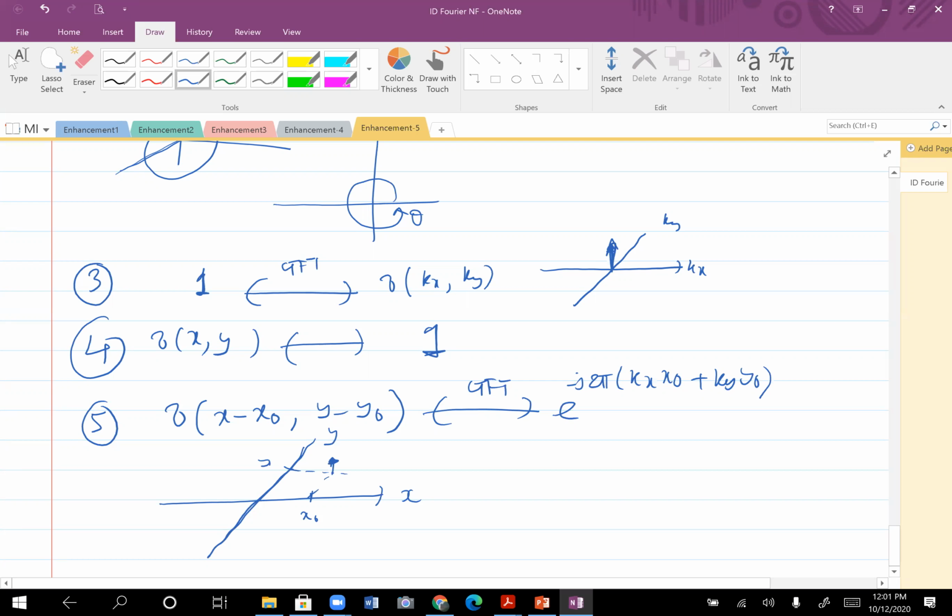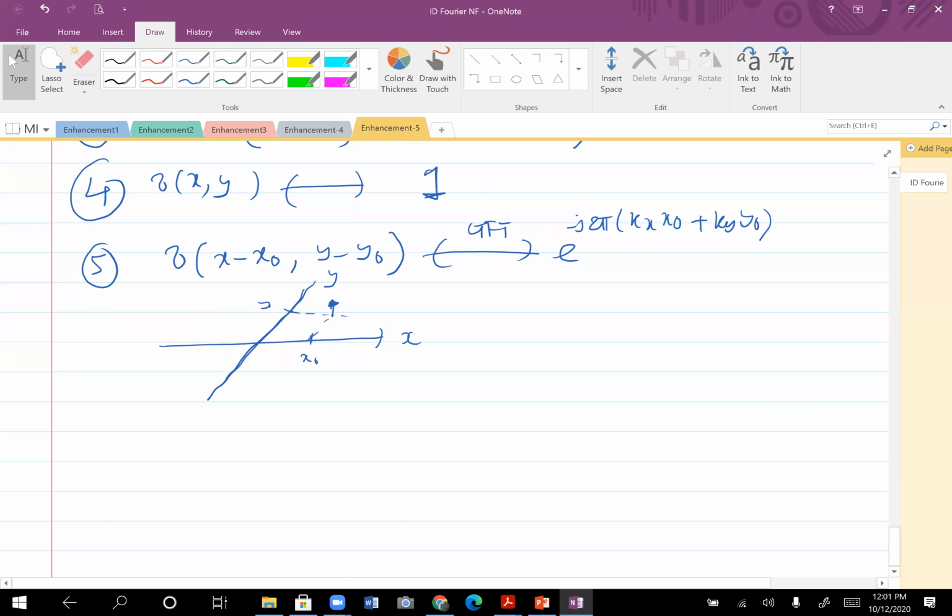Okay, so then let me go back to cosines and sines. Cos of 2 pi times (k1 x plus k2 y). Before worrying about how it looks in the spatial domain, how would you proceed to compute its CTFT?